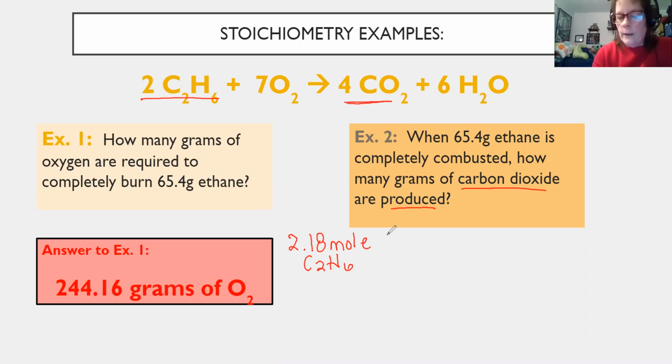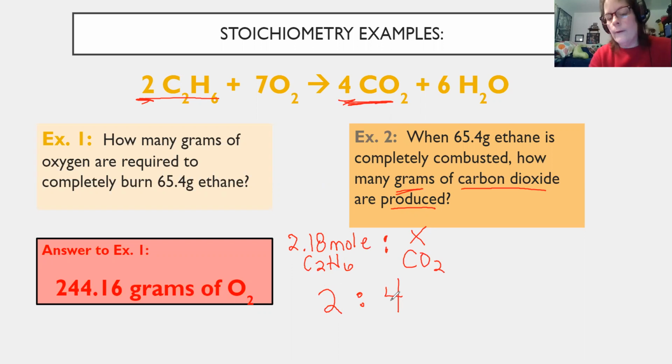What they're asking now is how many grams, but we still have to figure out the moles first, and then we can go back. So we don't know how many moles of CO2 we're going to get with 2.18 moles, but what we do know is that the equation shows there are 2 C2H6s for every 4 CO2s.